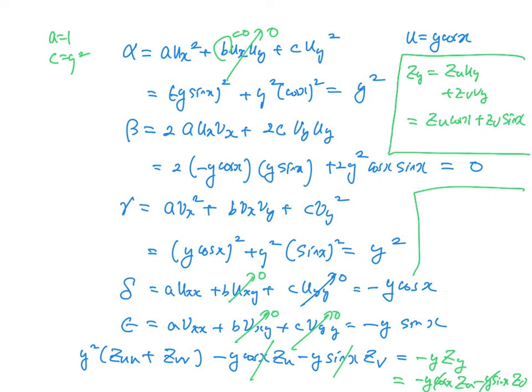So the final equation is something like this. This is a 2. This is a 3. So we have a y square cuu plus cvv is equal to 0. There's a partial differential equation we need to solve, or cuu plus cvv is equal to 0.